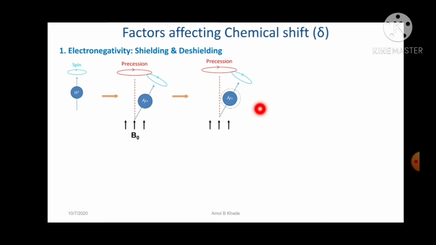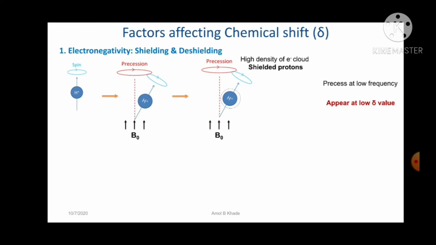This magnetic field generated by the electrons will either align itself opposed to the B0, or it can be parallel to the B0.